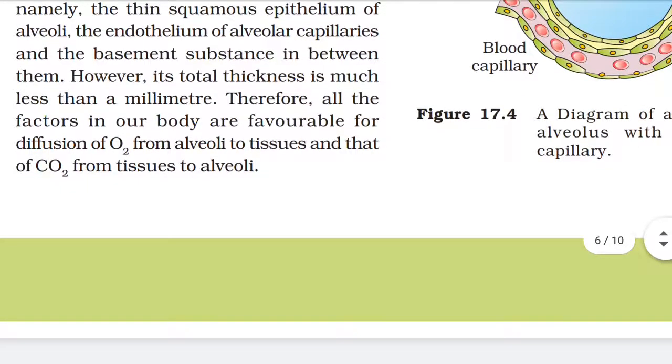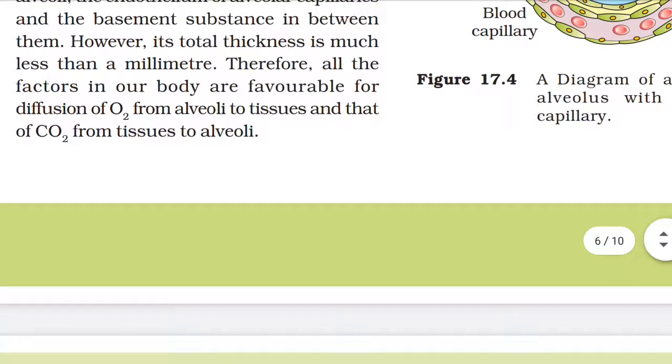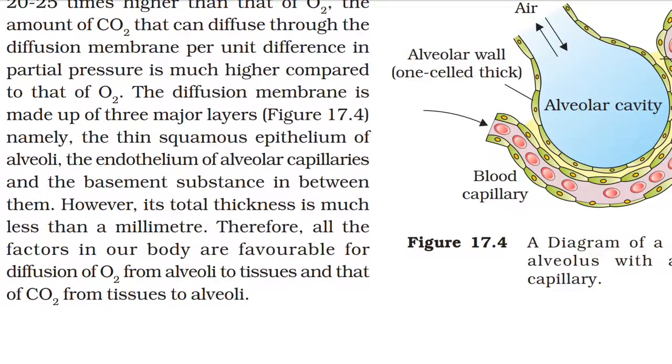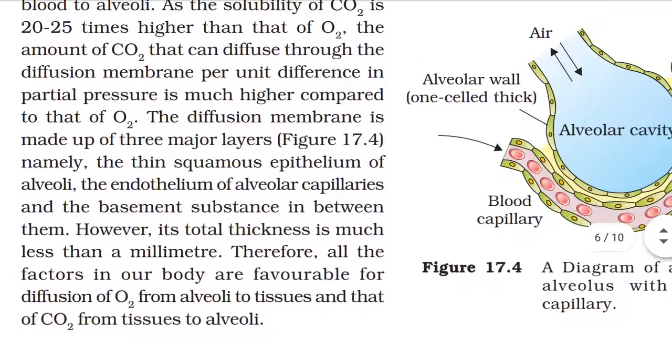Therefore, all the factors in our body are favorable for the diffusion of oxygen from alveoli to tissues, and of carbon dioxide from tissues to alveoli. The 2 factors are pressure gradient as well as solubility. For carbon dioxide, the solubility is higher.